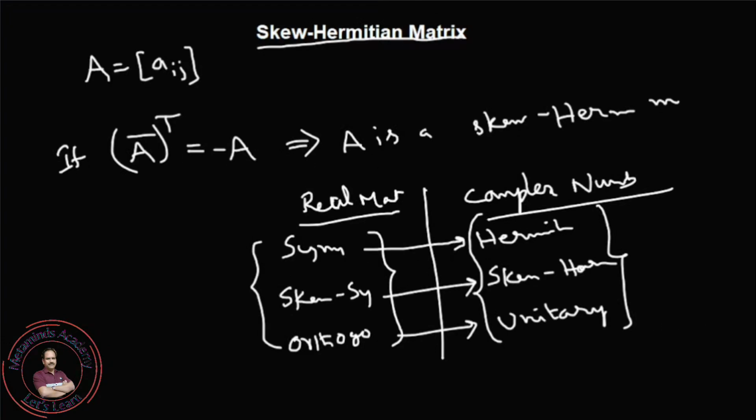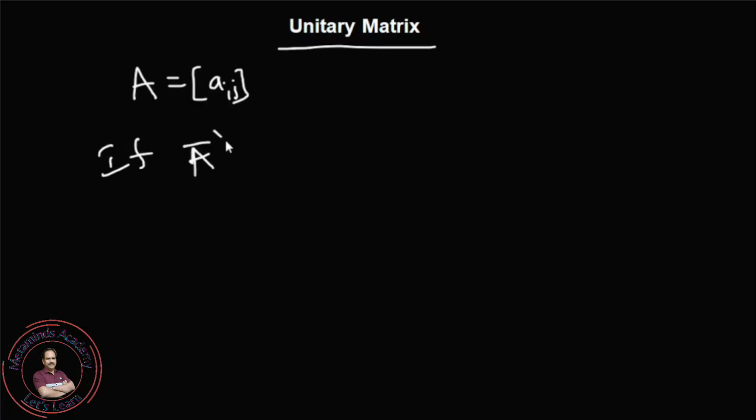Okay. So what is the unitary matrix? When do you call a matrix to be unitary? A equal to Aij is a given matrix. A is called unitary if A bar whole transpose is equal to A inverse.